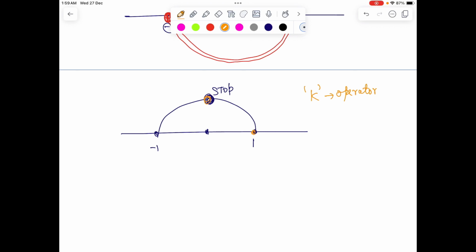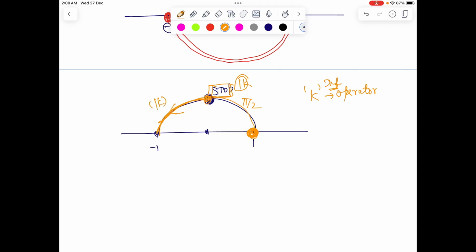So by definition, I'm defining k as an operator which will take up an object on the x-axis and rotate it by 90 degree. If this is 1, at the first step your status will be 1k. Again, you take that object 1k and multiply it by k further, because again that object is rotated by 90 degree anti-clockwise sense.